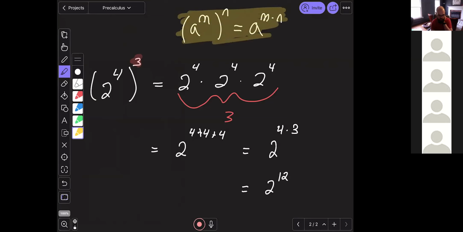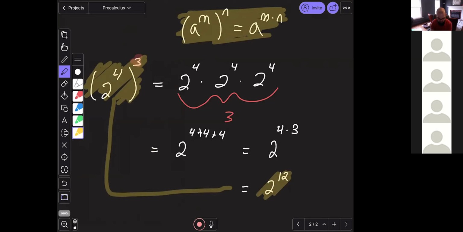And what it allows us to do is, instead of going through all of this stuff in the middle every time, which is a lot of work, understanding the rule says, hey, I can go right from this expression straight to this one down here. Okay, so the rule allows us to bypass all this and say, I'm just going to go straight down here, and I know what this should be: 2 to the 12th.